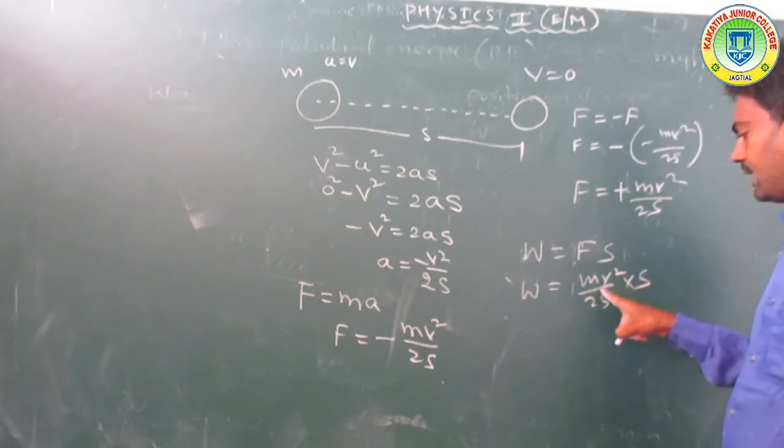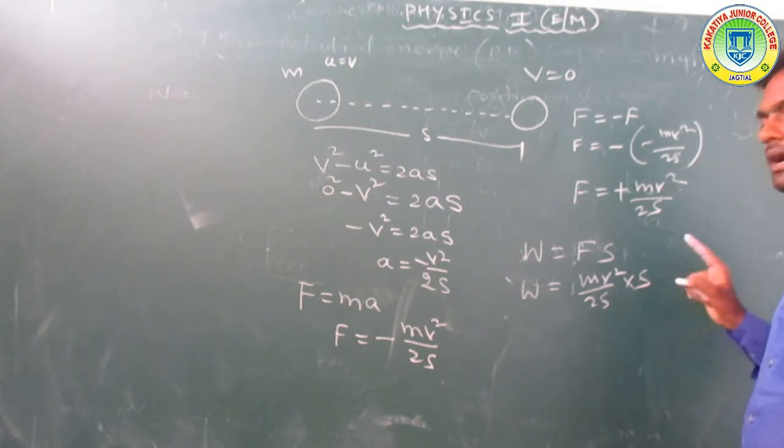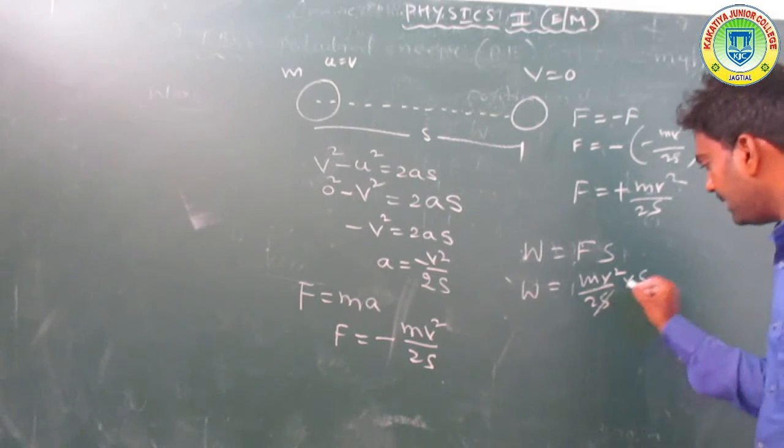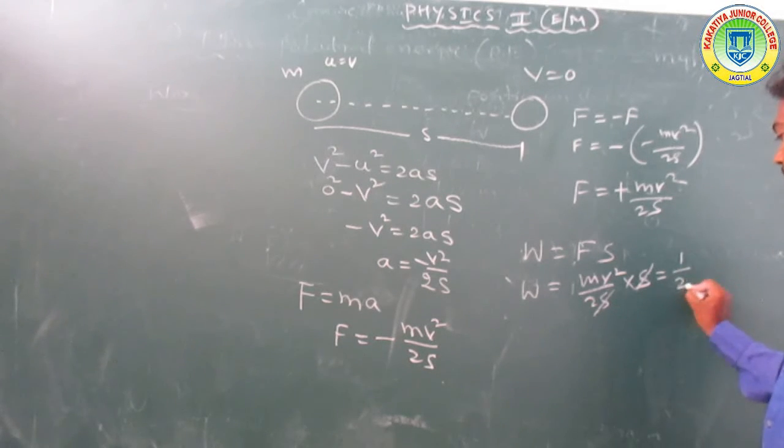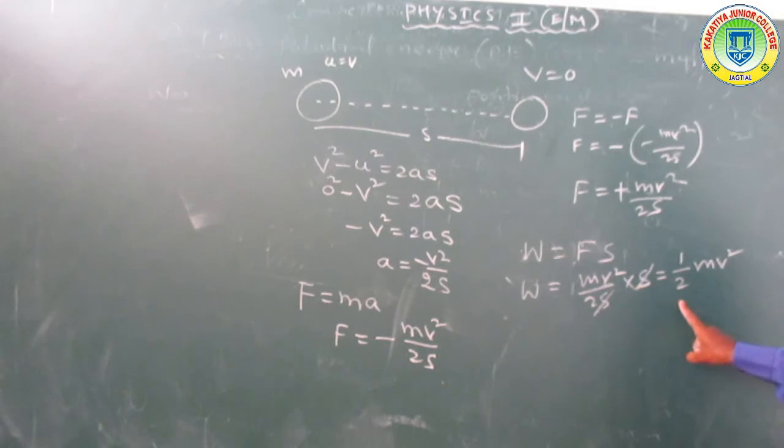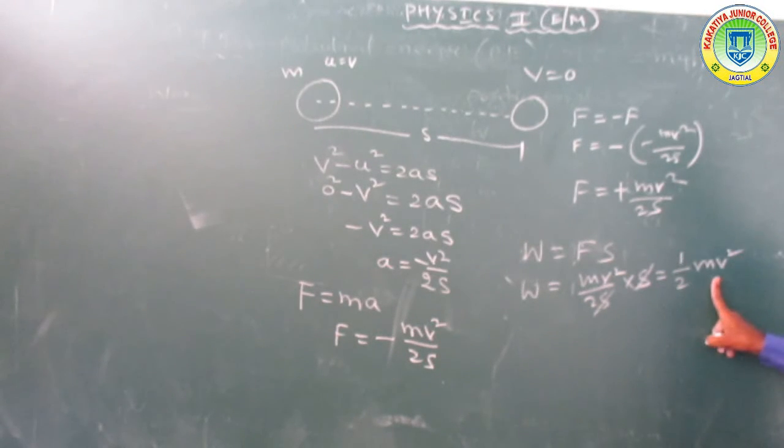Substituting the force and the displacement, s and s cancel. The remaining equation is half m v square. This is the total work done in bringing the body to rest. So W is equal to half m v square.